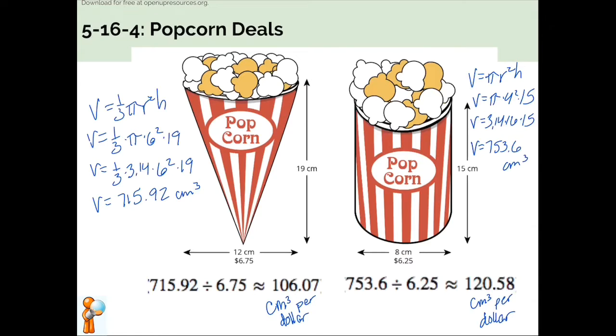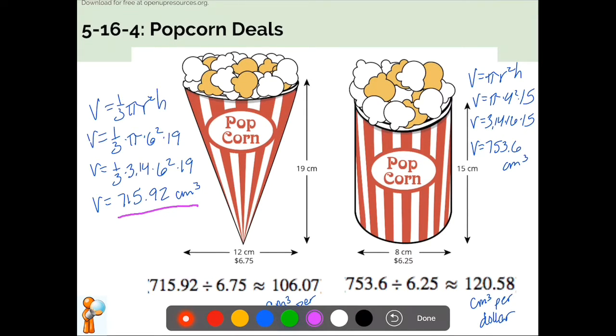And then if I multiply that all out using 3.14 for pi, I would get a volume of 715.92 cubic centimeters. Over on the cylinder, again, starting with the formula and filling in what I know, 4 for the radius, 15 for the height, I multiply everything out using 3.14 for pi. I would get a volume of 753.6 cubic centimeters.